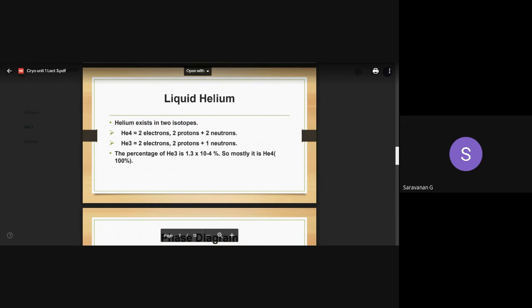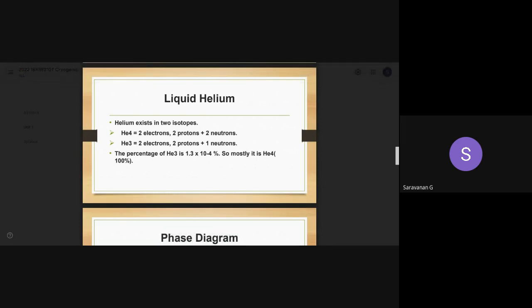What do you mean by isotopes? Anyone? Elements with the same number of protons but different numbers of neutrons.